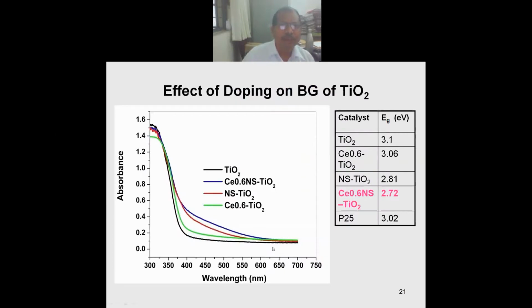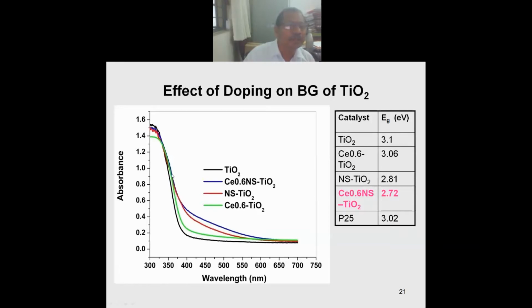Now this is the effect of doping on the band gap of TiO2. These are the different TiO2 samples that we synthesized: pure TiO2, ceria 0.6% TiO2, nitrogen sulfur TiO2, and ceria 0.6% nitrogen sulfur doped TiO2. This is the anatase TiO2, and there is a shift in the band gap.